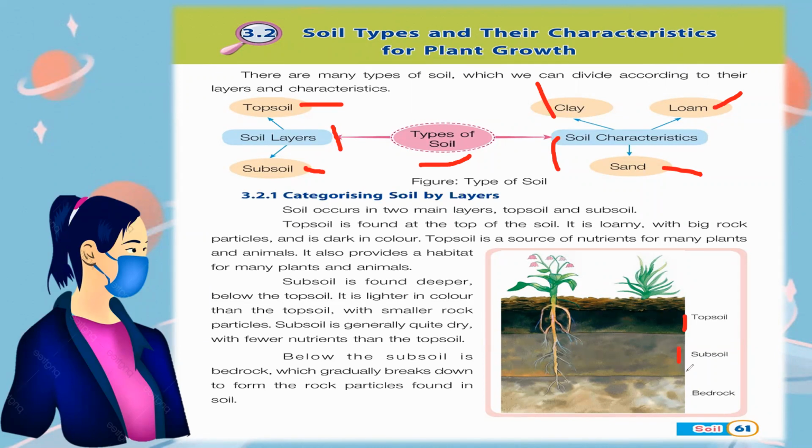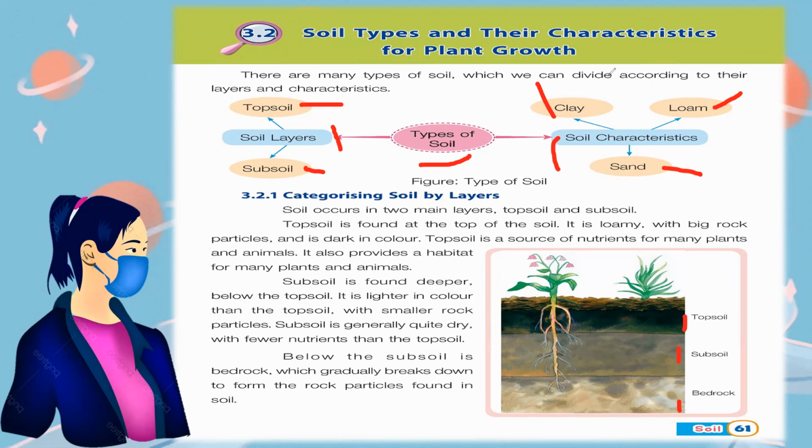Then the second one, subsoil, is lighter in color and has a bit lesser source of nutrients as well. And the third one is bedrock, the deeper one, that is under the subsoil.